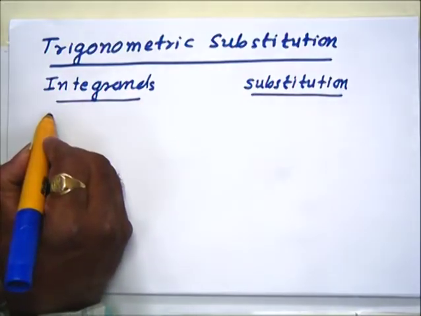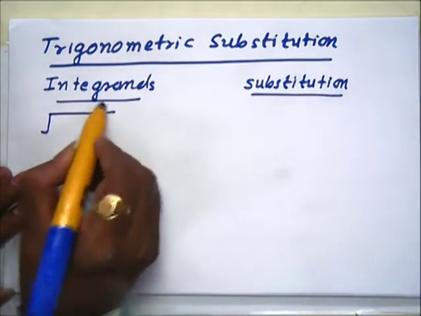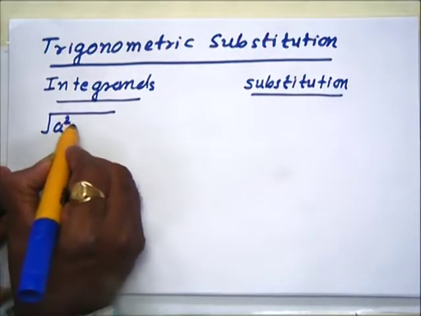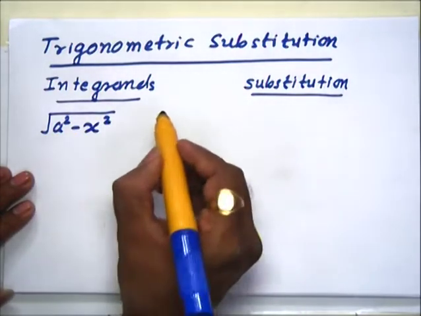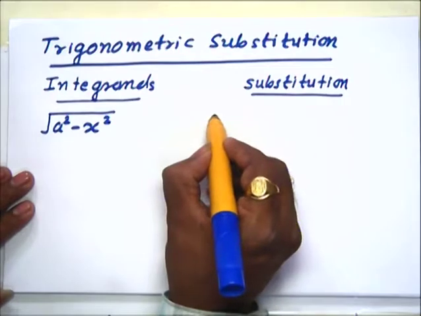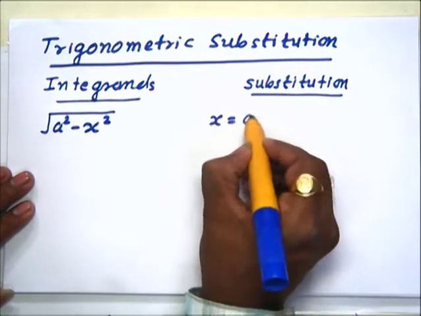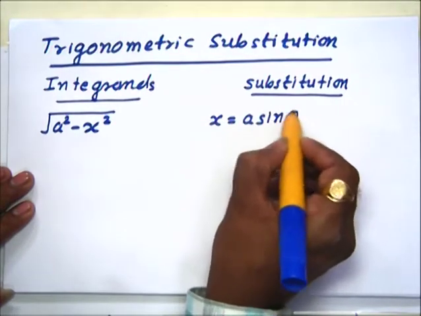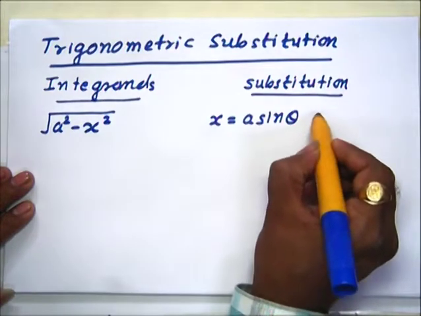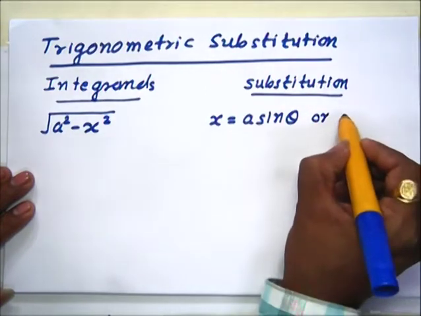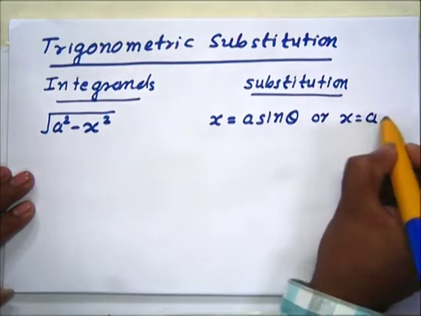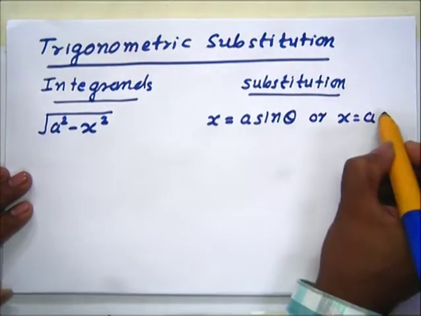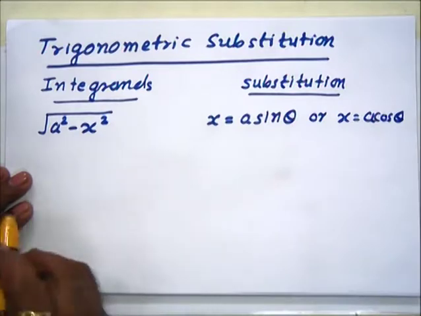Suppose the integrand is of this form, square root of a square minus x square. Then we will take the substitution x equal to a sin theta, or x equal to a cos theta.